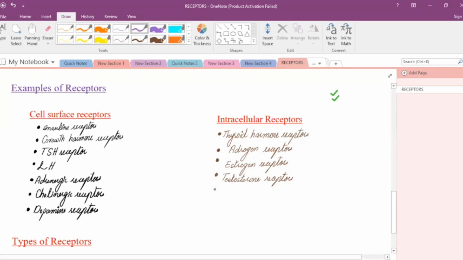Next is progesterone receptor. And the next one is steroid receptors.